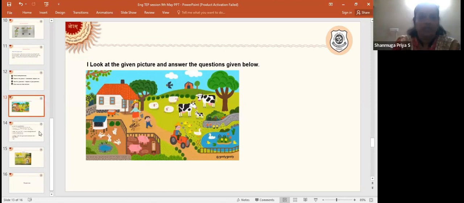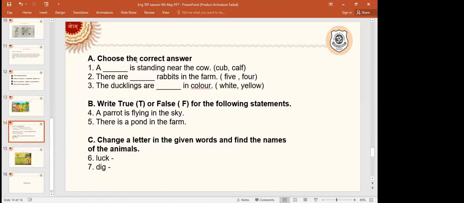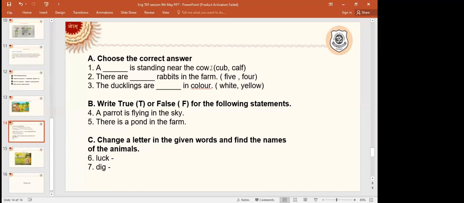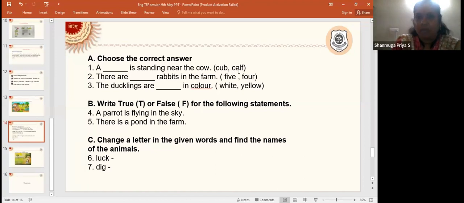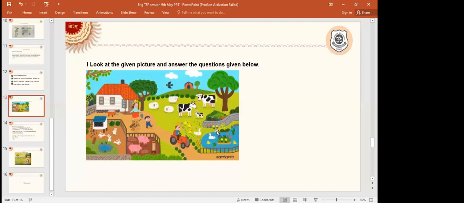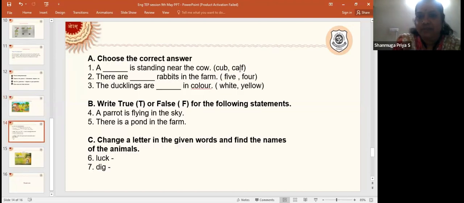So now let's move on to the questions. Choose the correct answer. A dash is standing near the cow, and the options given here are cub and calf. So what would be the answer? Calf.